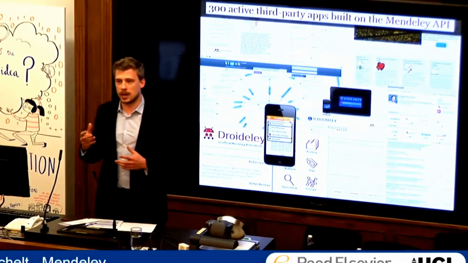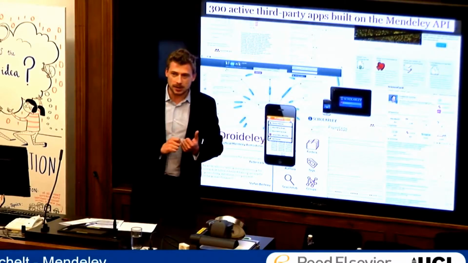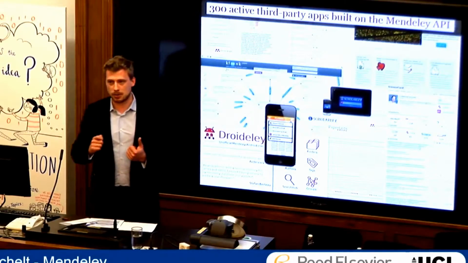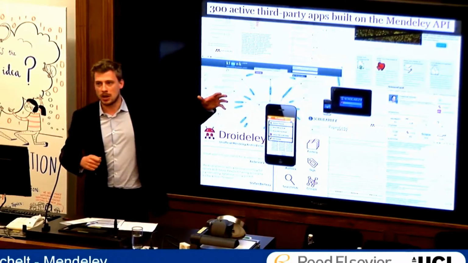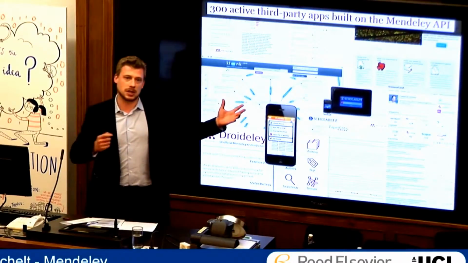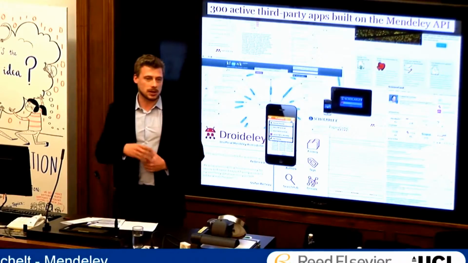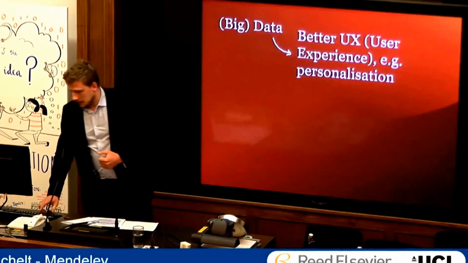Or tools like OpenSNP, where people can now connect their analysis from DNA analysis providers such as 23andMe to actual research papers and see whether there are research papers that tell you that your DNA analysis points to maybe some weakness in your DNA and tells you that you might be more at risk of getting Alzheimer's later.